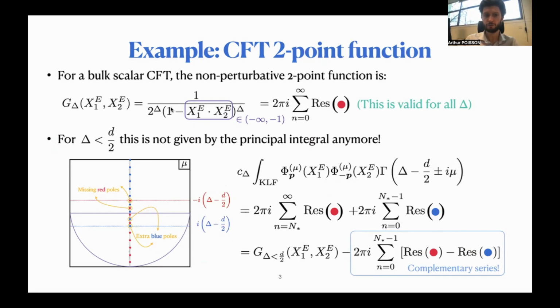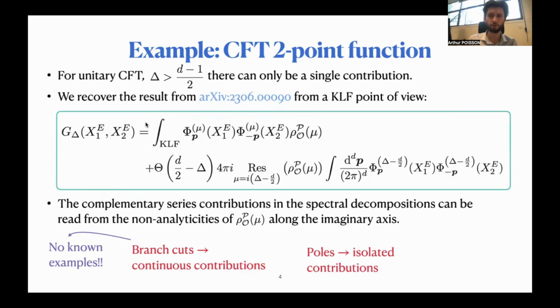And then, in order to obtain the actual physical function, one needs to subtract the extra blue poles and add the missing red poles. And by construction, since these are coming from residues in this strip here, this will yield exactly the contribution of the complementary series. So in equations, the result is like this.